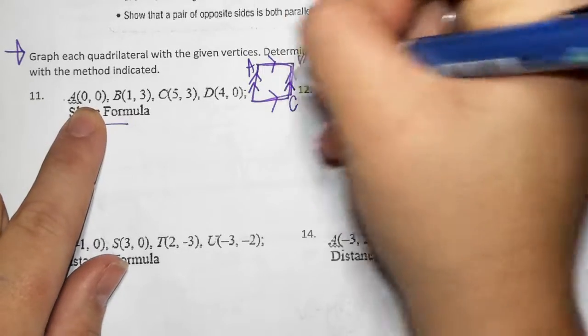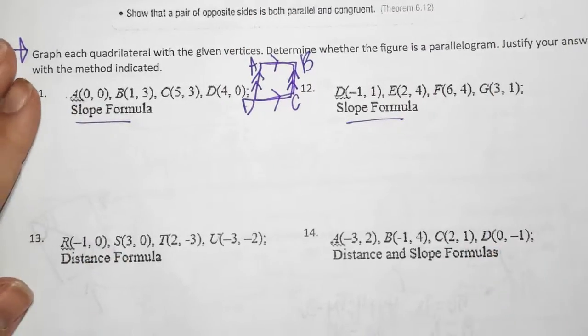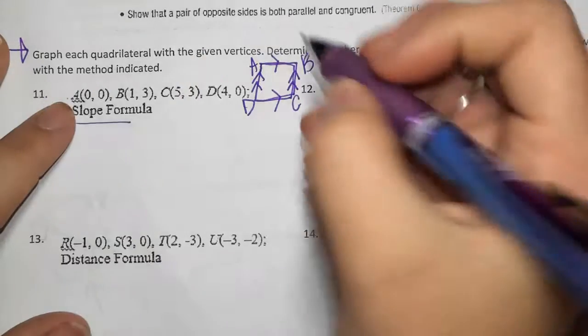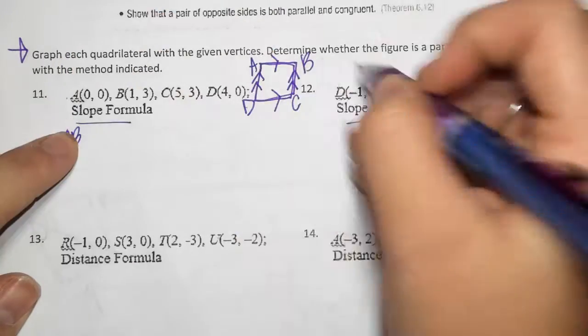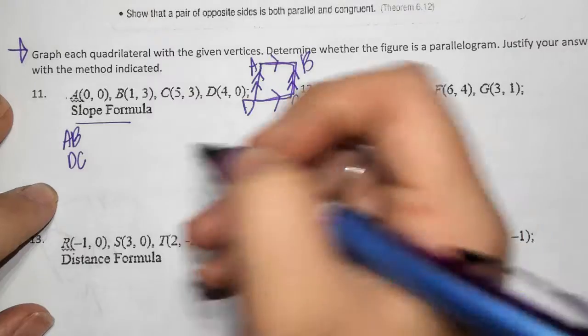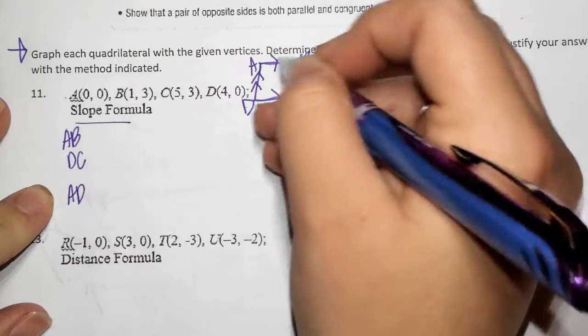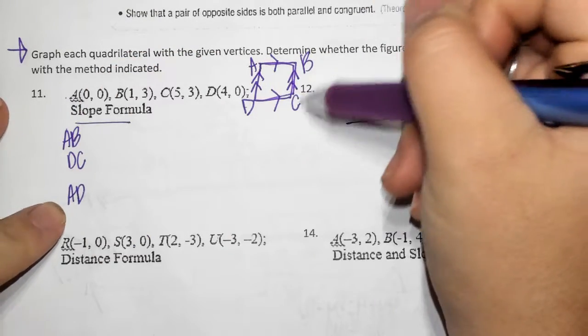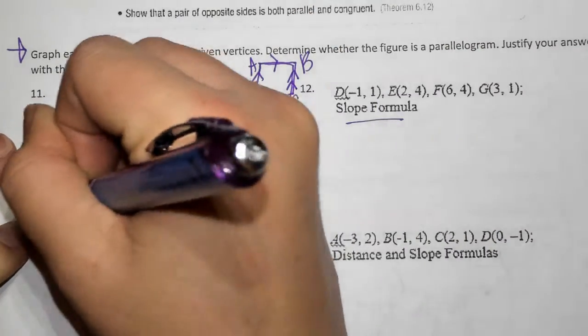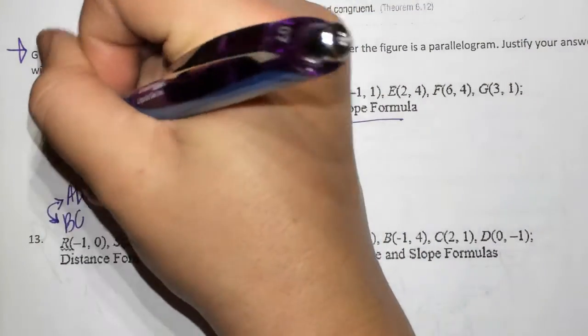So A, B, C, and D. So I'm going to have to use slope formula how many times? 4. Because I have to see if AB has the same slope as DC and if AD has the same slope as BC. So these two have to be the same and these two have to be the same.